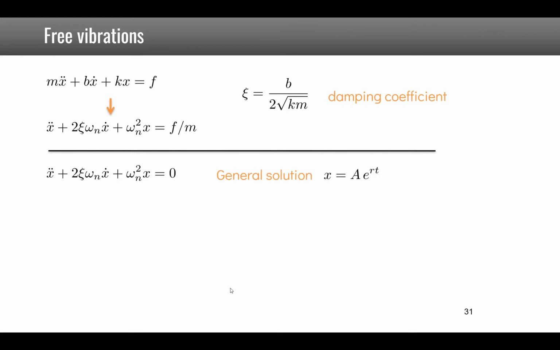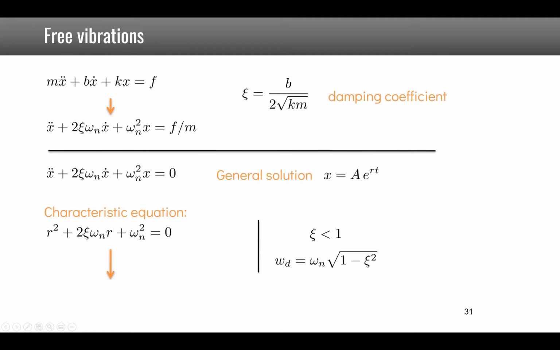Now, if we look at free vibrations, which correspond to the case where the force is zero, and look for a general solution of the same kind as for the undamped system, then the characteristic equation has an additional term, 2 psi omega n r.